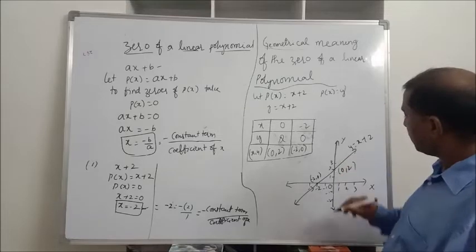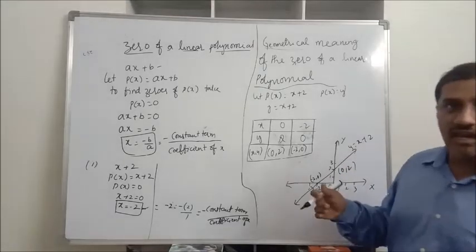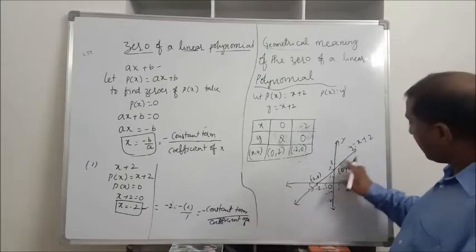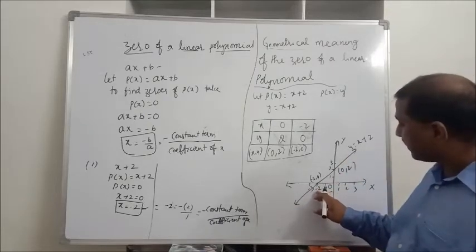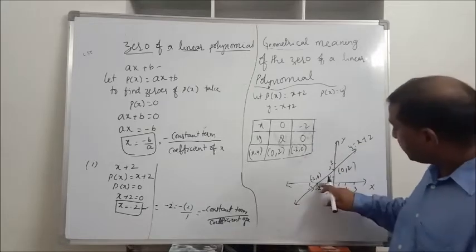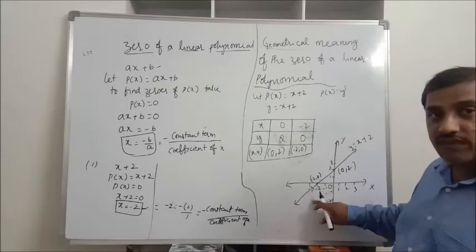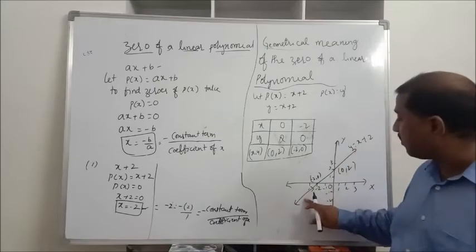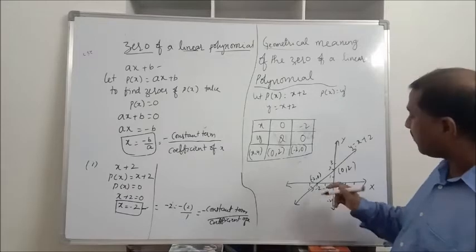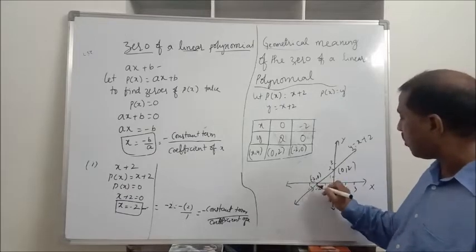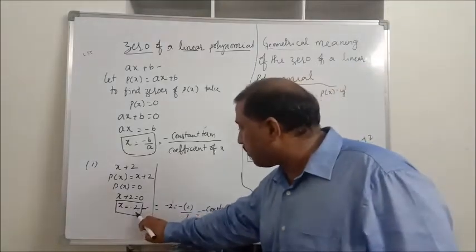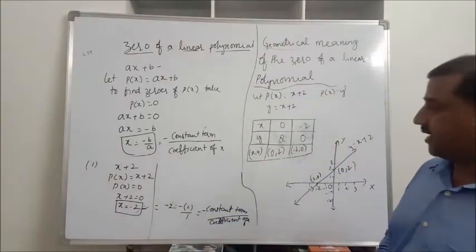What is the nature of the graph of a linear polynomial? We always get a straight line. This straight line is intersecting the x-axis at minus 2, 0. This is called the point of intersection of the graph of the linear polynomial with the x-axis. The x coordinate of that intersecting point is minus 2, and what we got as the zero of the same polynomial by the algebraic method is also minus 2.